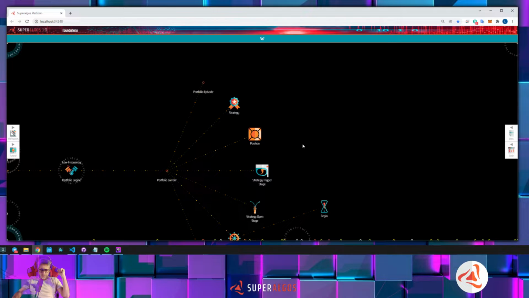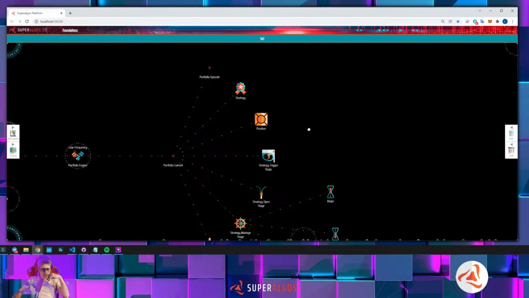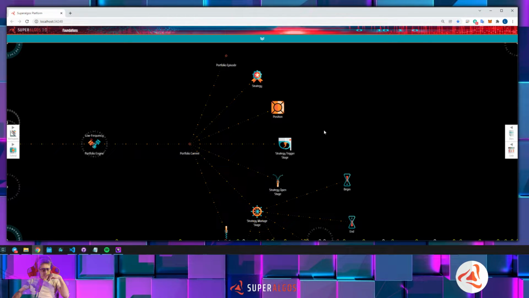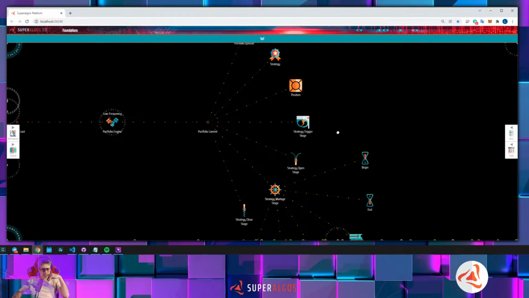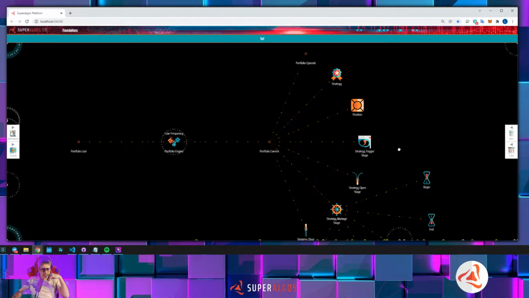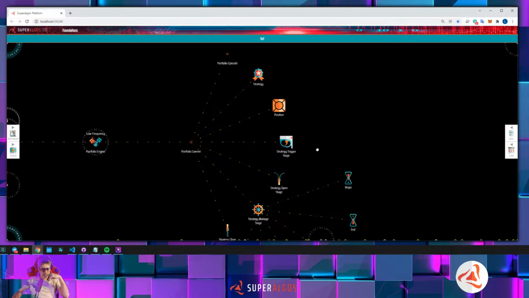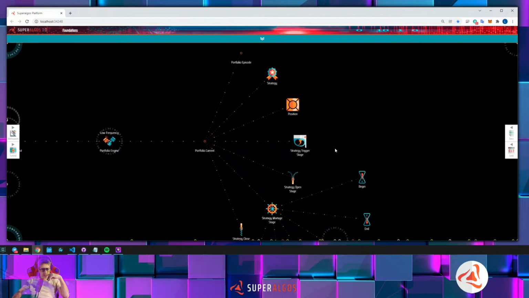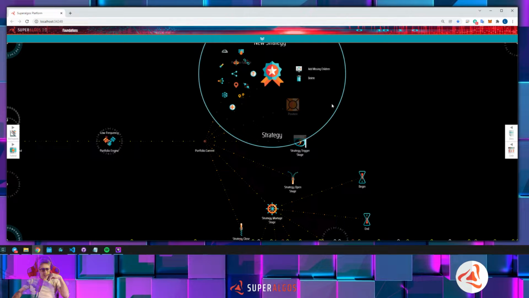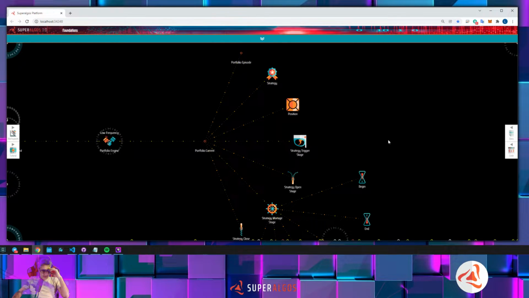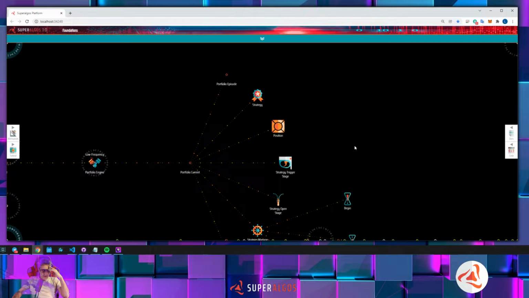That information should contain the balance. It should contain which asset each bot is trading.